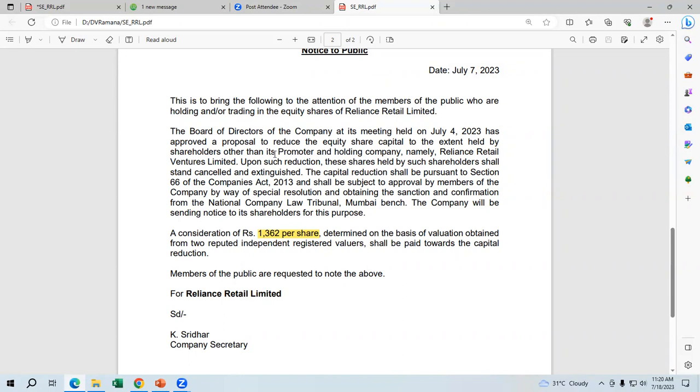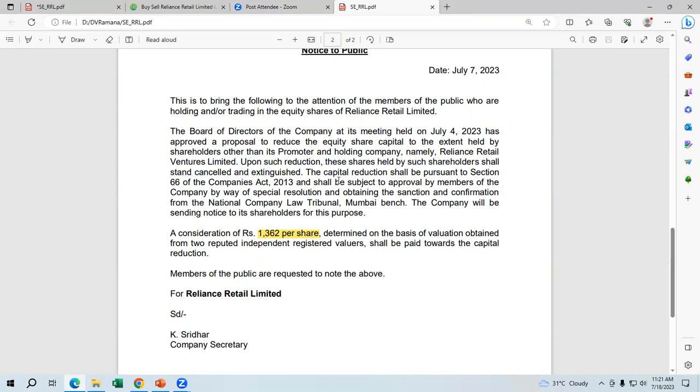So the company has decided that for the shareholders other than the promoters and the holding company, the shares will be bought back or extinguished to that extent. Upon that reduction, the shares held by these minority shareholders shall be cancelled and extinguished.